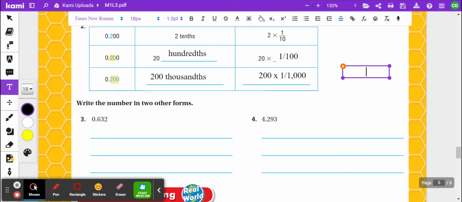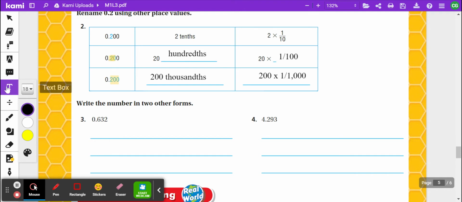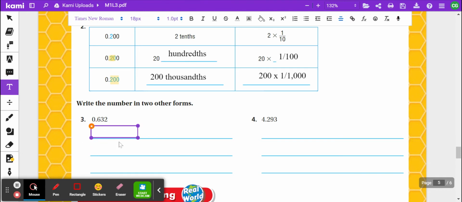Here, this is going to write the number in 2 other forms. So one of the things you can do is expanded notation or expanded form, or written form. So I'm going to go ahead and start the first one off. Let me do the written form.